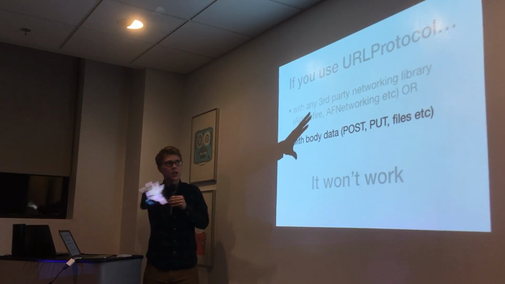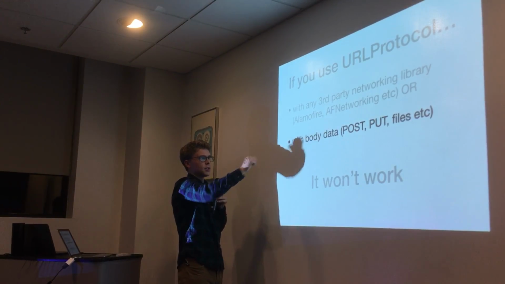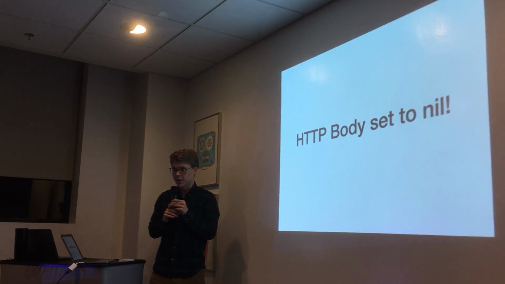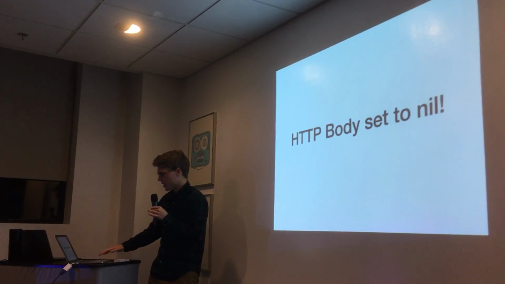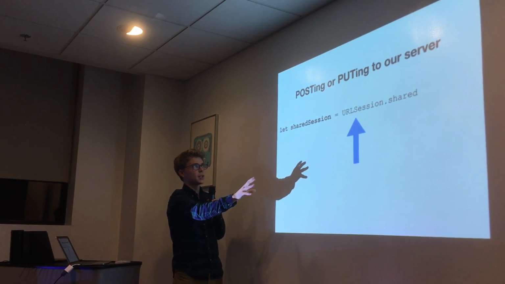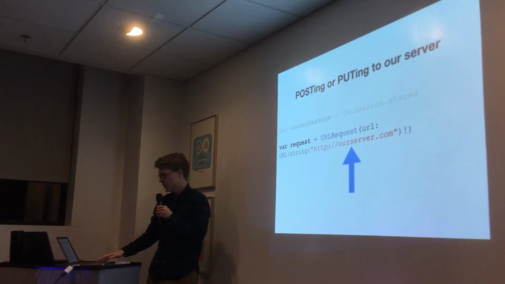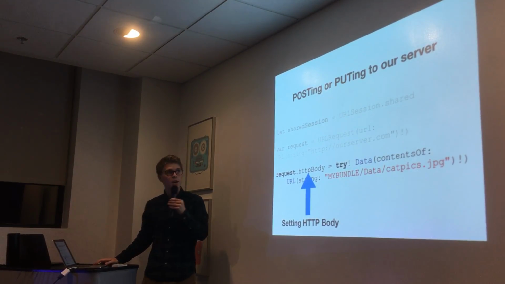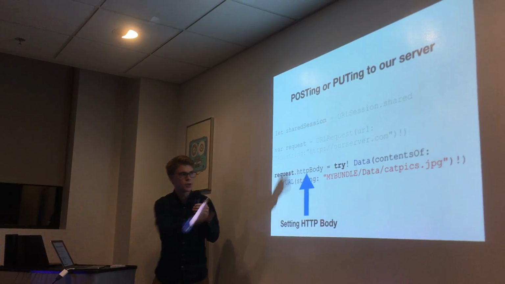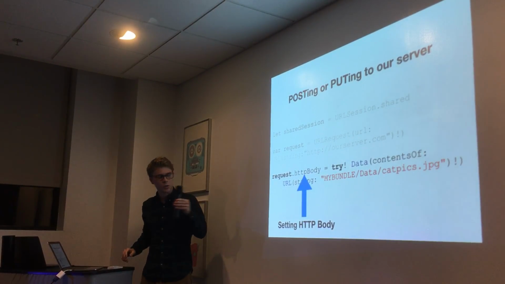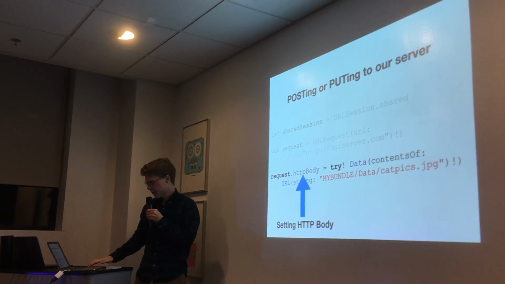With the stuff about HTTP bodies on our requests, they will be set to nil in URL protocol. To tell you what that means totally expressly, we create a shared session, a request, random URL. We set our HTTP body to something, assume this doesn't crash. We always have cat pics in our bundle. We'll set the HTTP body to something.